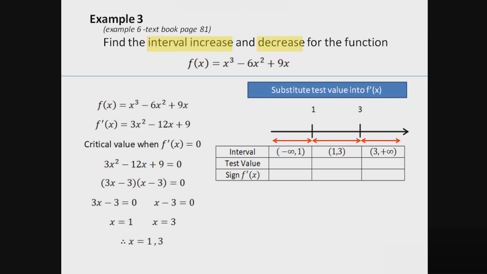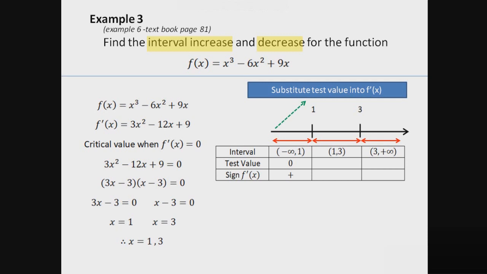So, let's say at this interval of -infinity up to 1, the test value is 0. So we substitute into f prime x. So we will get 3 in bracket 0 squared minus 12 in bracket 0 plus 9. So it is obvious that we get positive 9. So the sign of f prime x at this interval is positive. So at this interval, it is known as an increasing function.